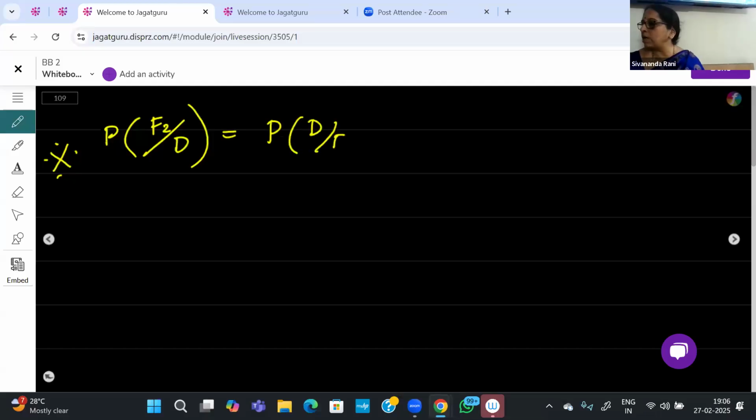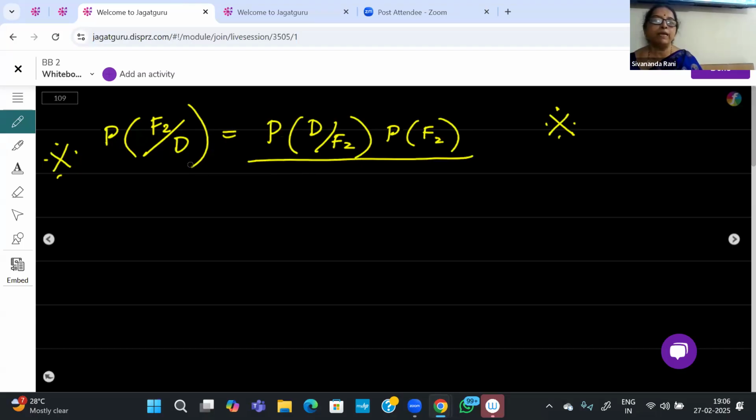That's why it is called the theorem of inverse probability. So this will invariably be your numerator in Bayes theorem. Whenever you come across a seemingly impossible conditional probability, that is when Bayes theorem comes into force. And what is there in the denominator? It will be the probability of the event that is coming after the slash.